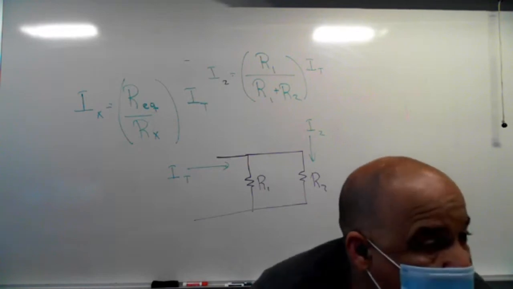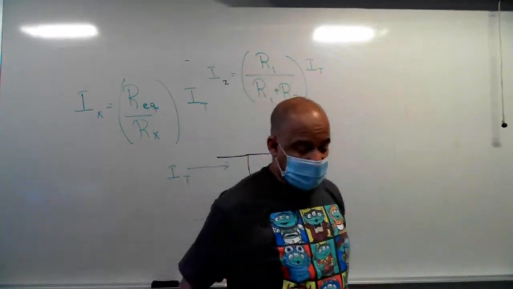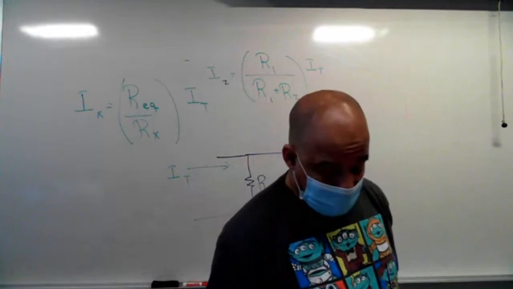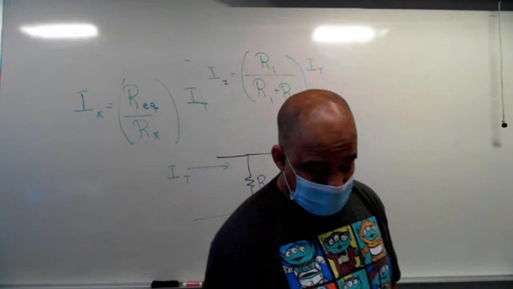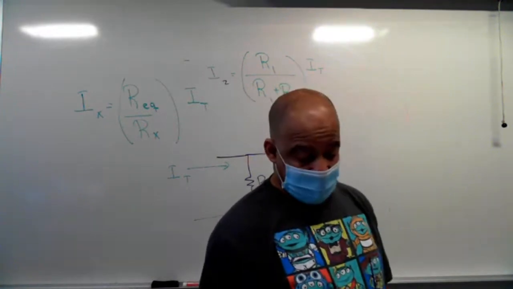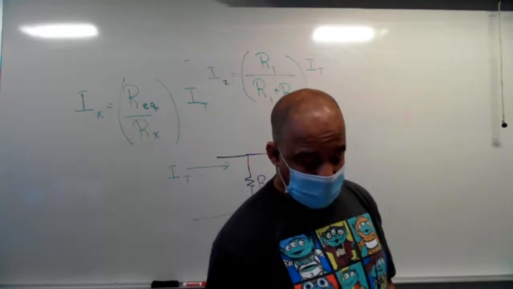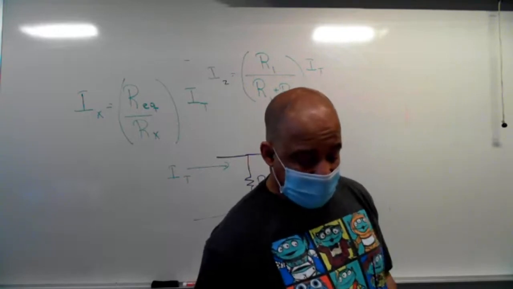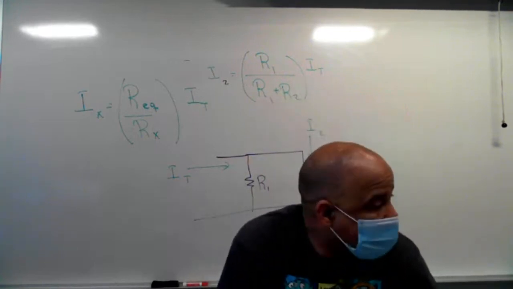Remember, in parallel, the total resistance should be less than the smallest resistance in the parallel circuit. So here in figure 9-4, the 3.3K is the smallest, so I would expect the total resistance to be less than 3.3K. If you told me the answer for 3.3K parallel 4.7K was 3.6K, I'd say nope, you're wrong, it's got to be less than 3.3.